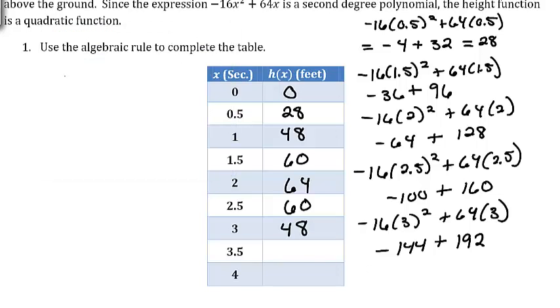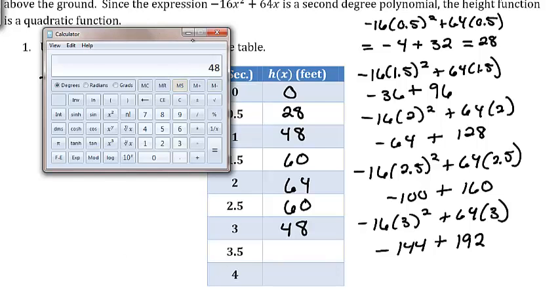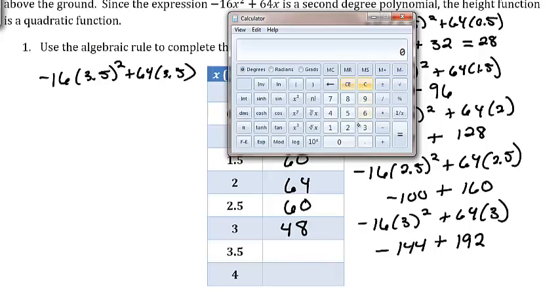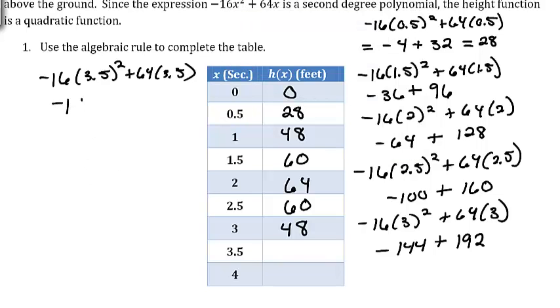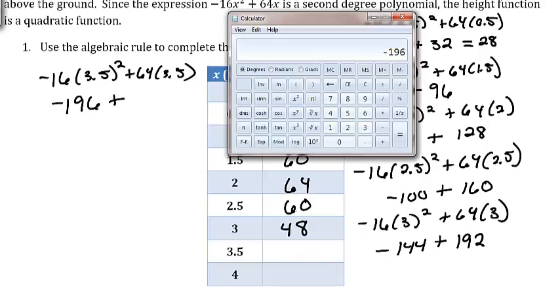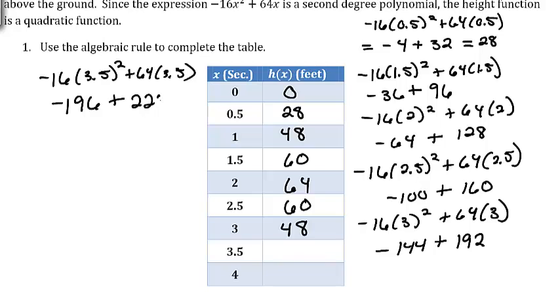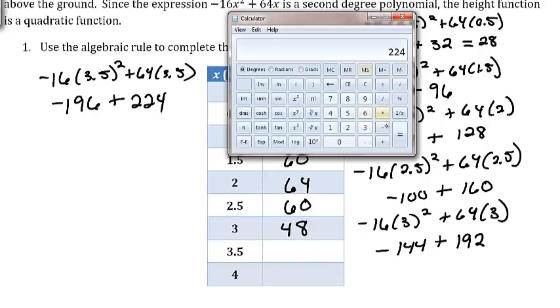And then we want to plug in 3.5, negative 16 times 3.5 squared plus 64 times 3.5. And so we're going to square 3.5 and multiply that by negative 16. That's negative 196, plus 64 times 3.5 gives us 224. And minus 196 gives us 28.